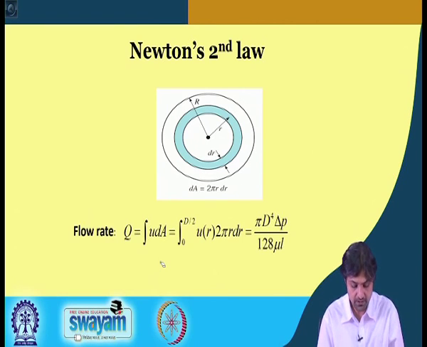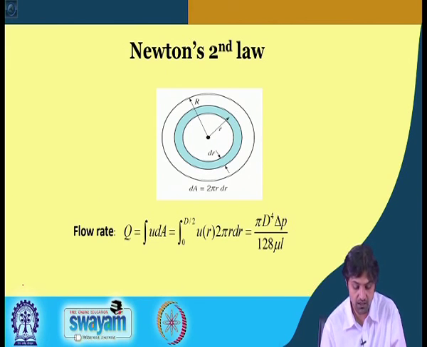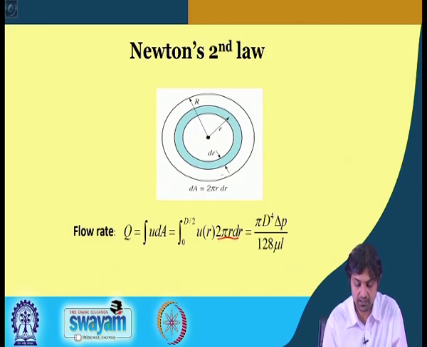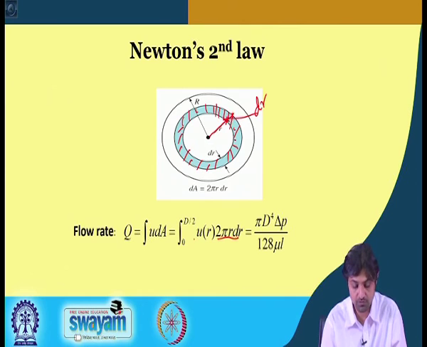So now we have determined u as a function of r, and the flow rate across the entire pipe will be the integral of u times 2 pi r dr. If we take an element of thickness dr at a distance r, we can write Q as the integral of u dA, integrating from r equal to 0 to d by 2, the entire radius.